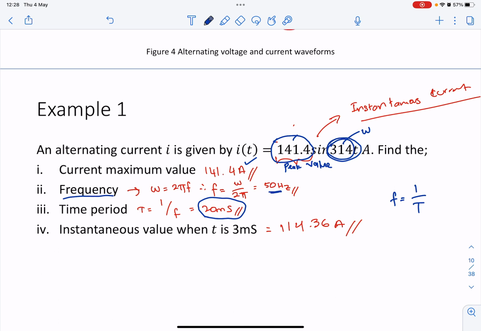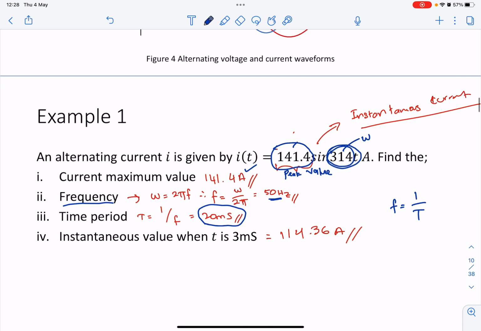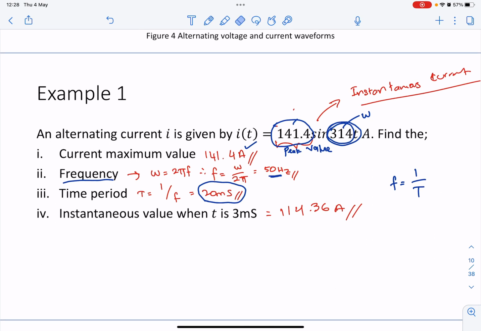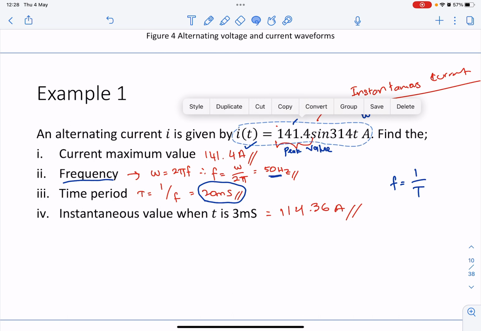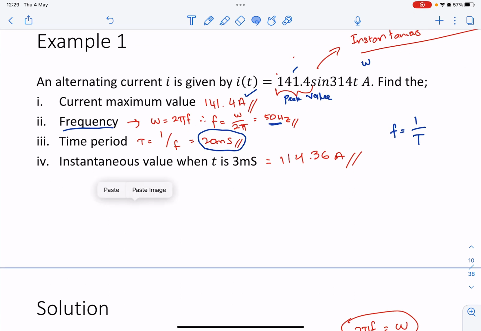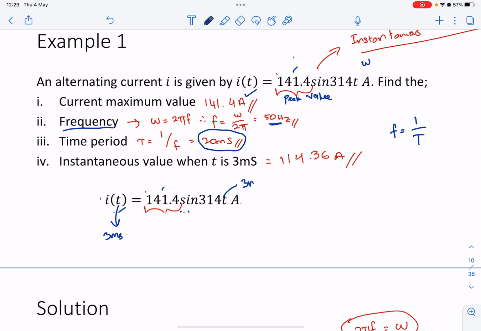So in this example, you can just key in this equation, and you insert 3 milliseconds here. So if you key in all these numbers to your calculator, you should get this answer.